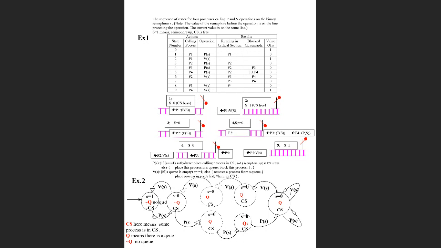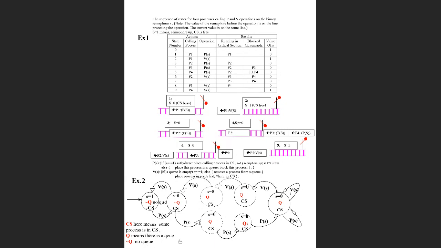Let's concentrate on the leftmost circle, in which we have S equals 1, we have not Q, and we have not CS. CS means that some process is in critical section. Q means that there is a Q waiting for critical section. Not Q means there is no Q at all.